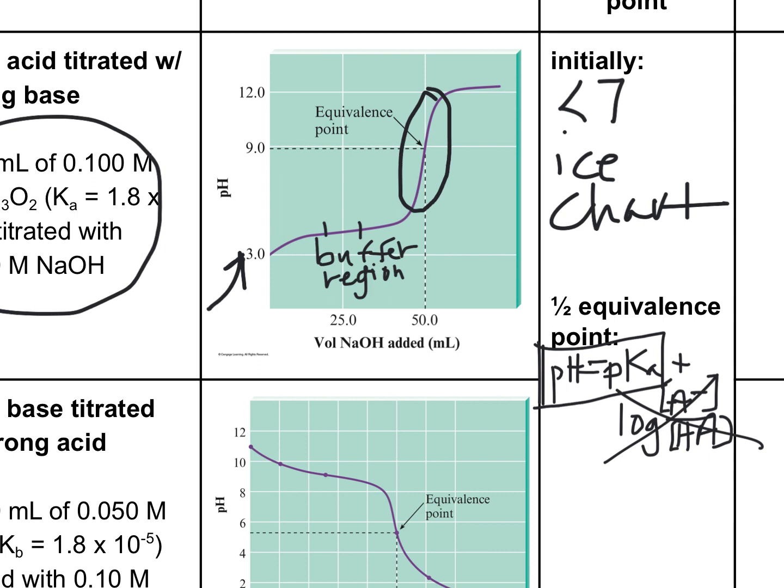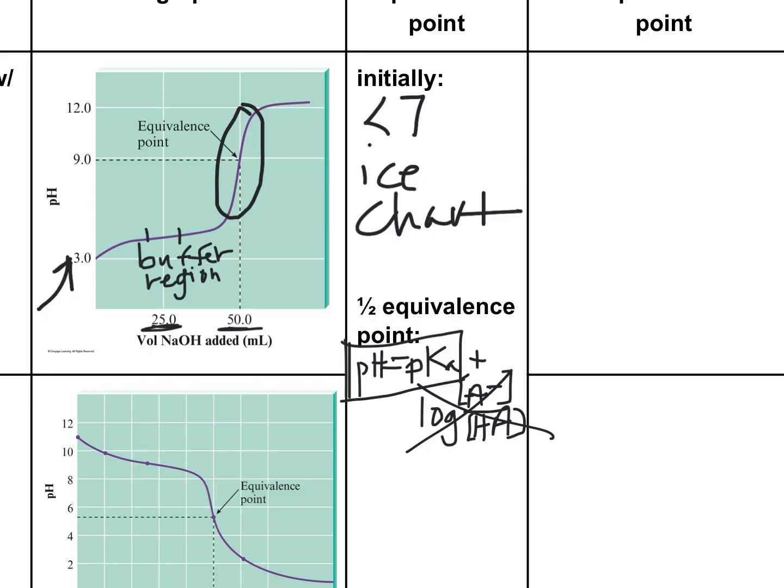Notice on the graph that the equivalence point occurs at 50 milliliters of base added to our acetic acid, and the half equivalence point occurs at 25 milliliters. This is where we have neutralized half of our acid. At the equivalence point, you can see that we have a pH of 9.